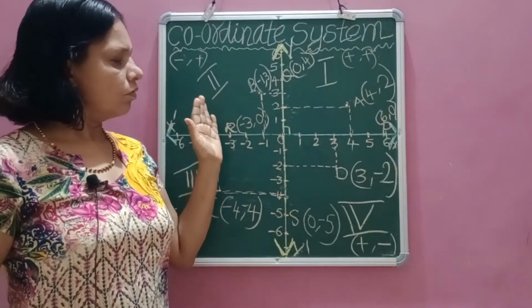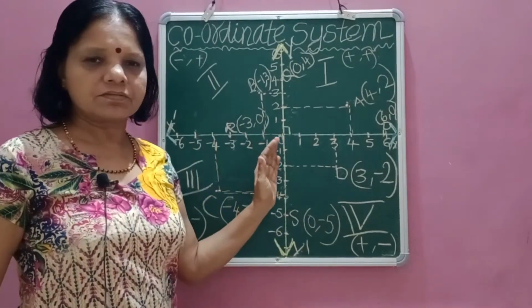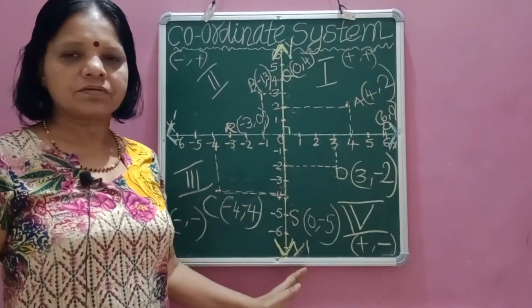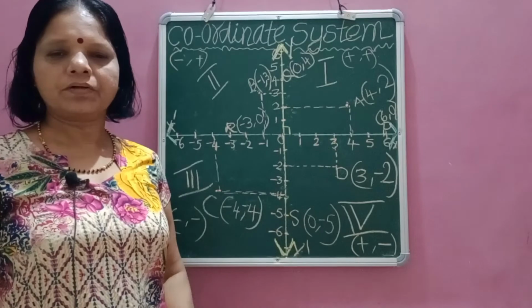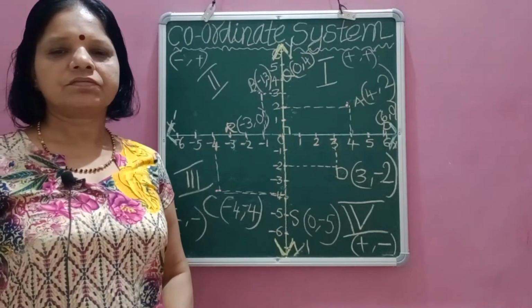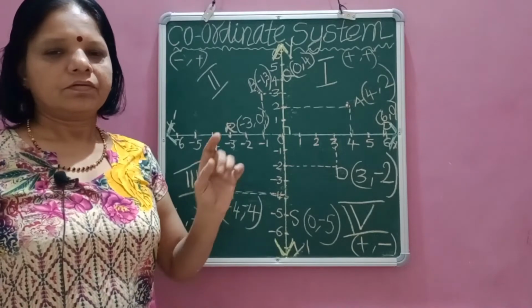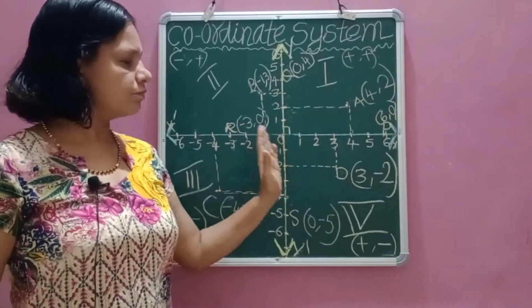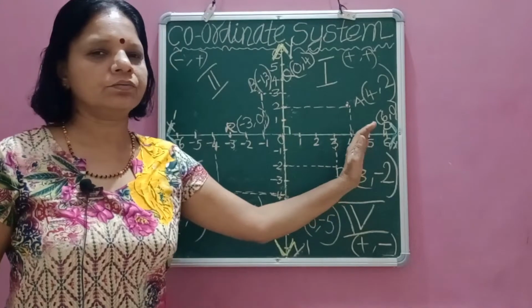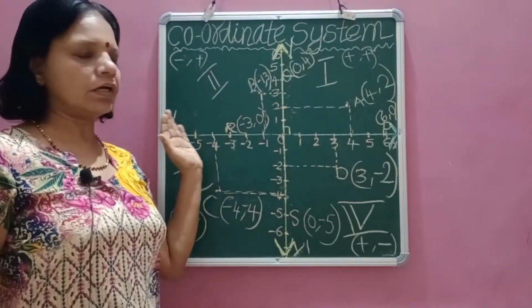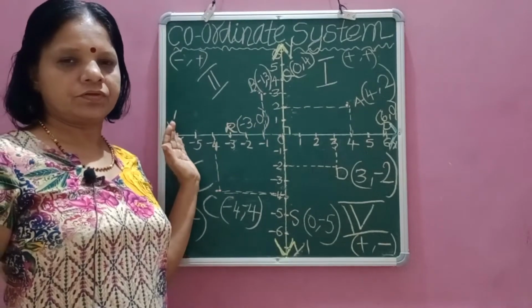In x-axis and y-axis, the number 0 is at the intersecting point. In x-axis, positive numbers are to the right of 0, negative numbers are to the left of 0.